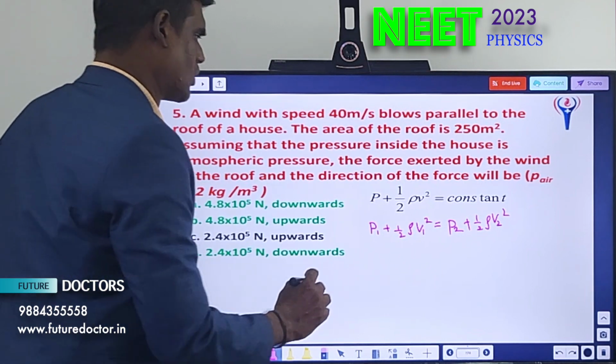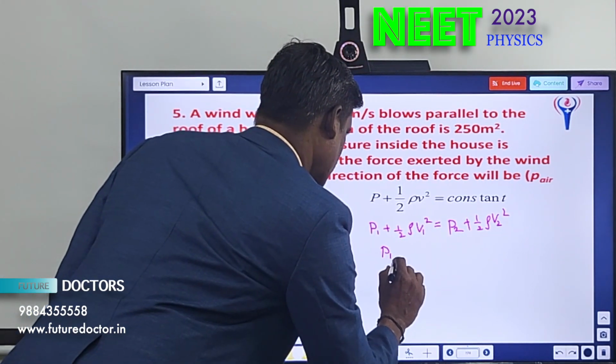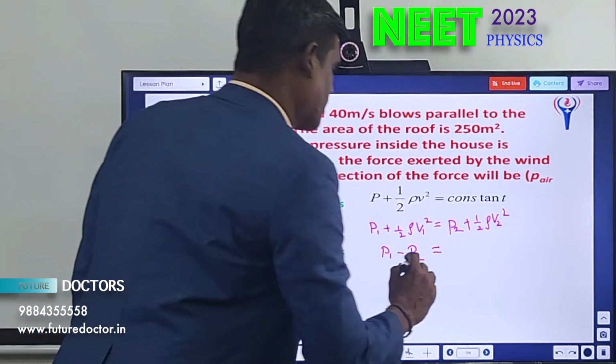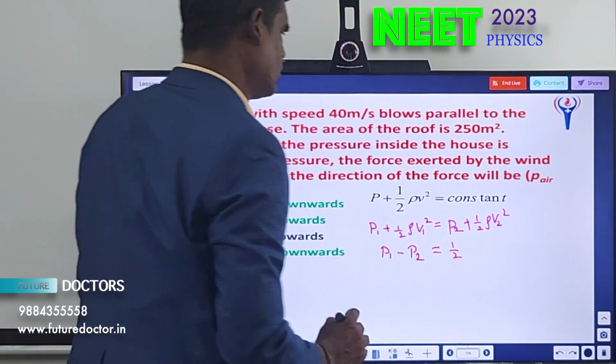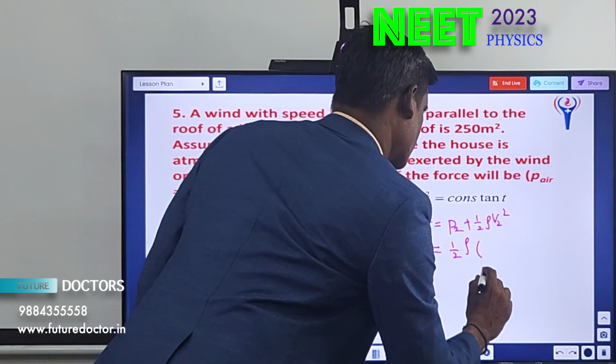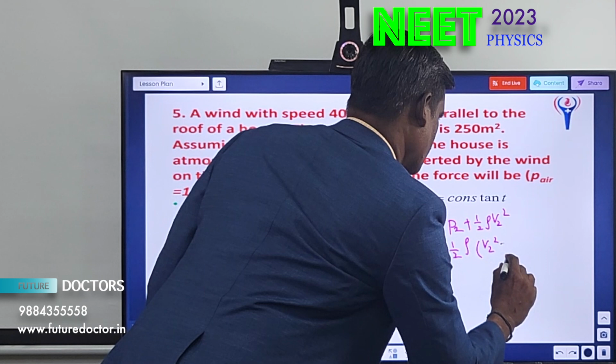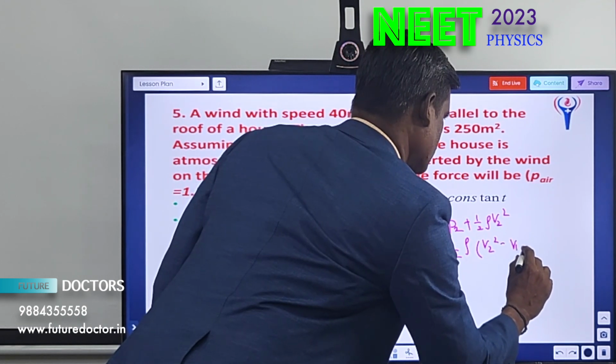From this, P1 minus P2 equal to 1 by 2 into rho into (V2 square minus V1 square).